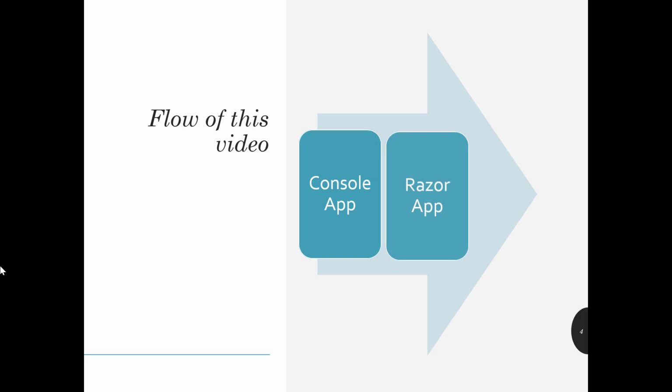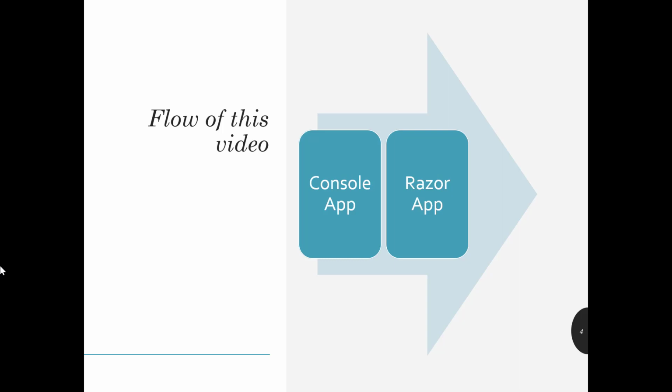As far as taking you through the video today, the first thing I want to do is create a console application. We'll do that by using the Visual Studio 2019 template. And then we will transition that application into a Razor application. Since Blazor is built on Razor, that is the first step that we want to go through.